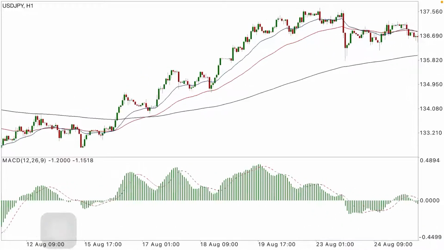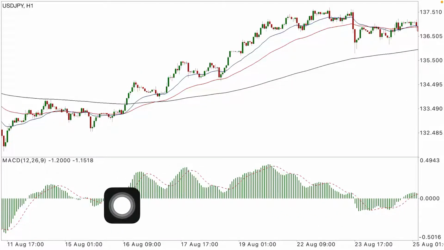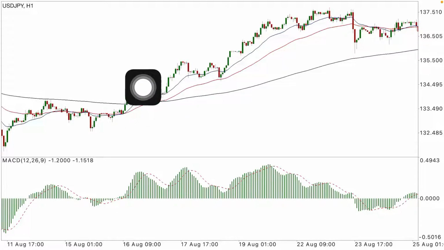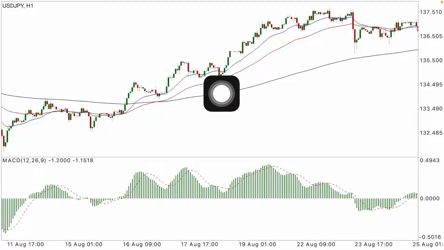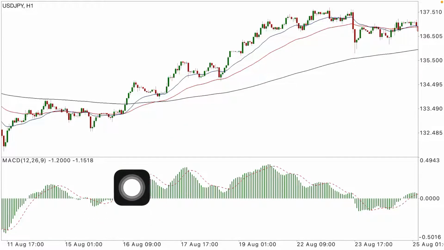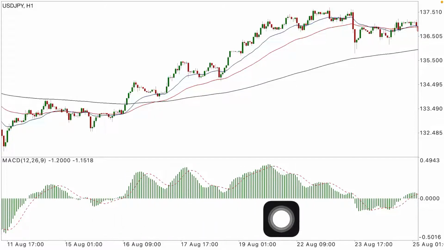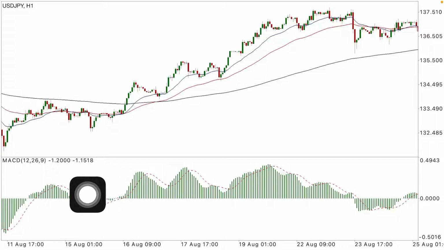Let me say it again: if the candlesticks are above the EMAs, you are looking for buy trades. And if the MACD graph is upwards, above the 0 level, you are looking for buy trades.